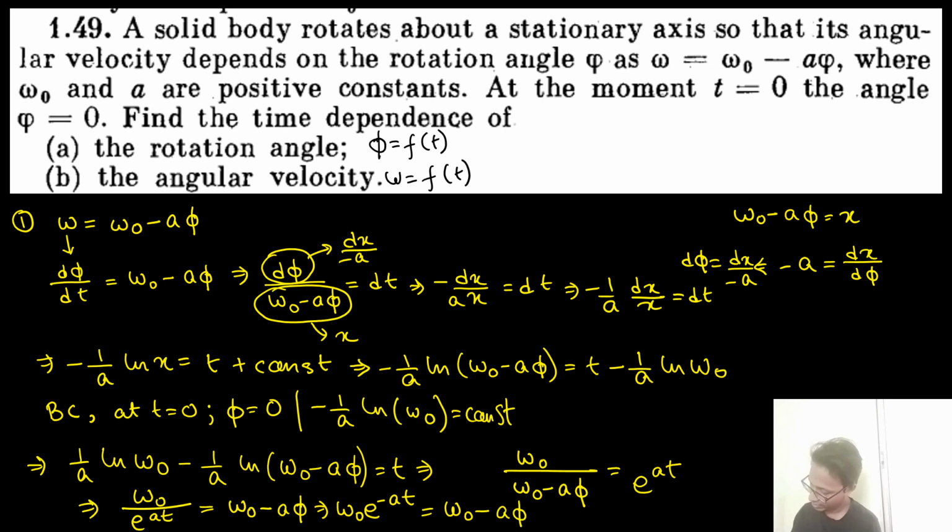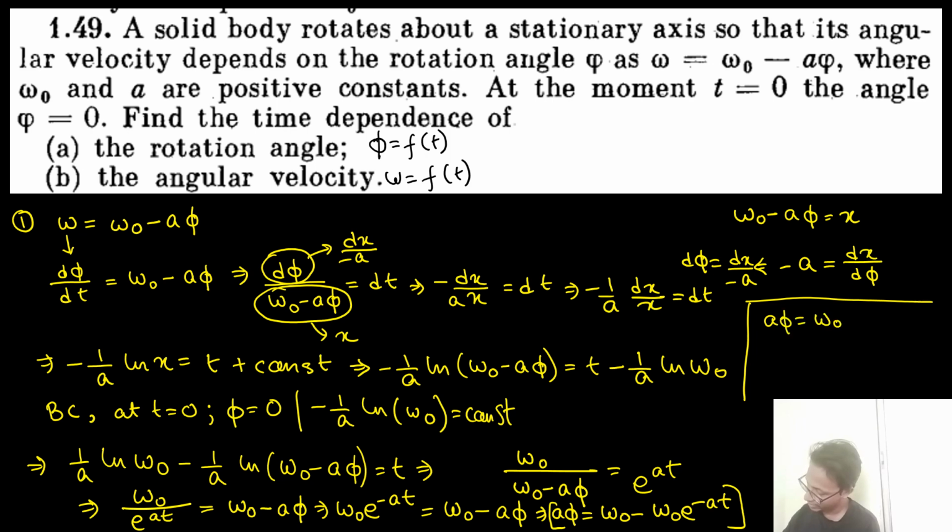Okay, out here, can I take this entire term to the left hand side and this term to the right hand side? Of course. So a phi is equal to omega naught minus omega naught e to the power minus at. When I write this equation out here, a phi is equal to omega naught, taking as common, 1 minus e to the power minus at, or phi is equal to omega naught by a (1 minus e to the power minus a into t).